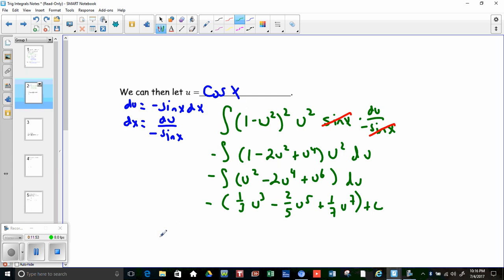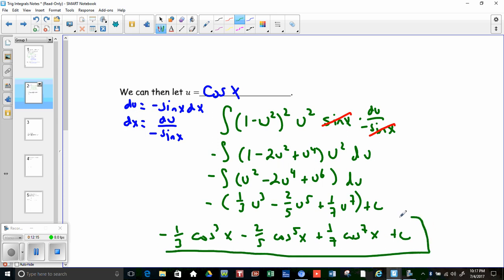So it looks like our final result here is negative 1/3 cosine cubed x minus 2/5 cosine to the fifth x plus 1/7 cosine to the seventh x plus c. And there you have it.